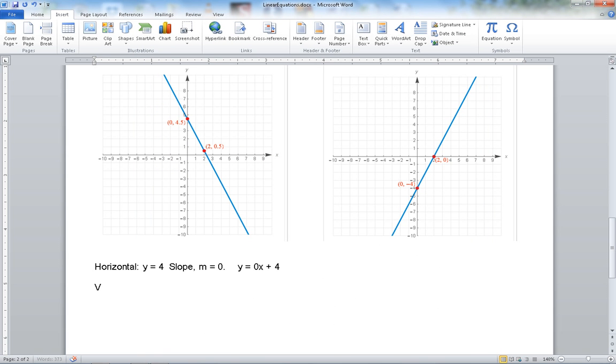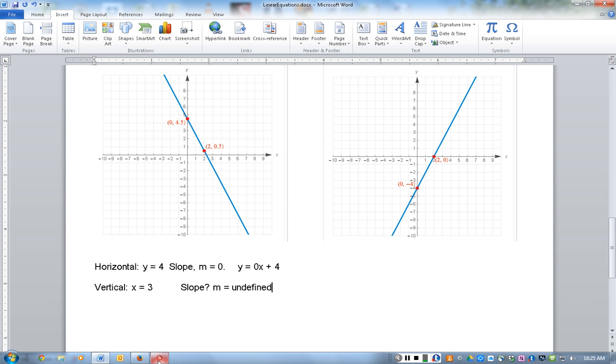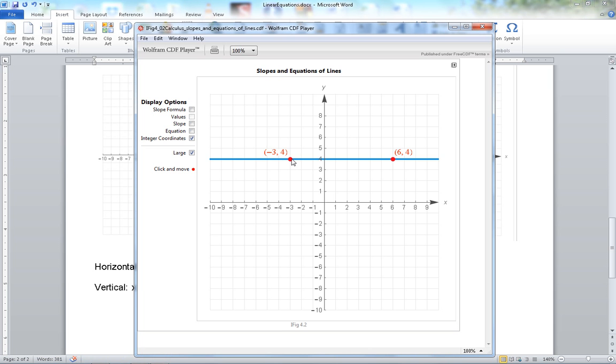What about a vertical line? Well, a vertical line is going to be defined by where x is. So x is 3, for example. In this case, what is the slope? Well, we say that it is undefined. So if x equals 3, let's look at that graph.